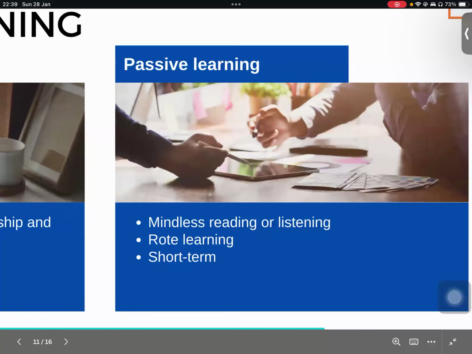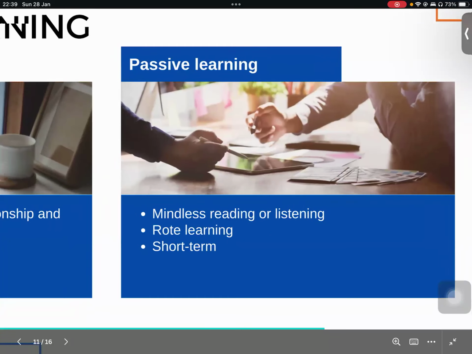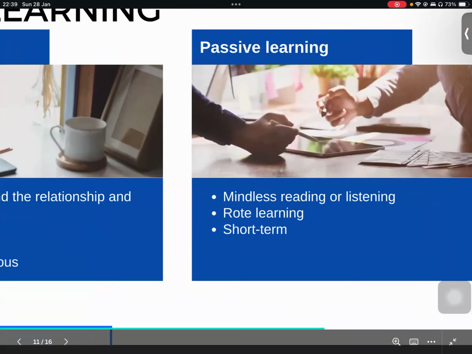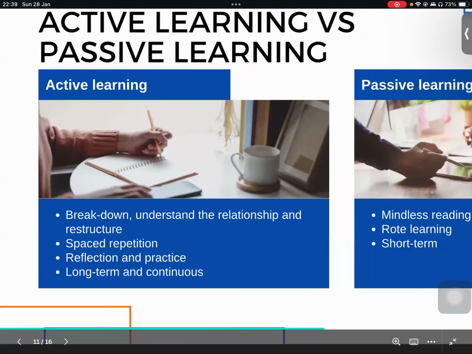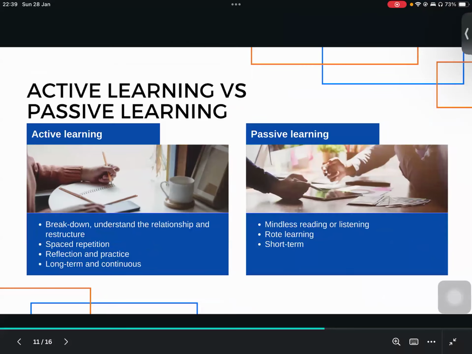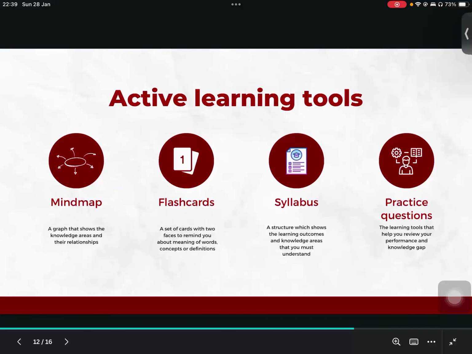This way, you don't retain much information, and you may forget the things that you have read or listened to. So to have the highest effectiveness and efficiency, I strongly suggest you undertake active learning. And here I would like to introduce some tools for active learning.